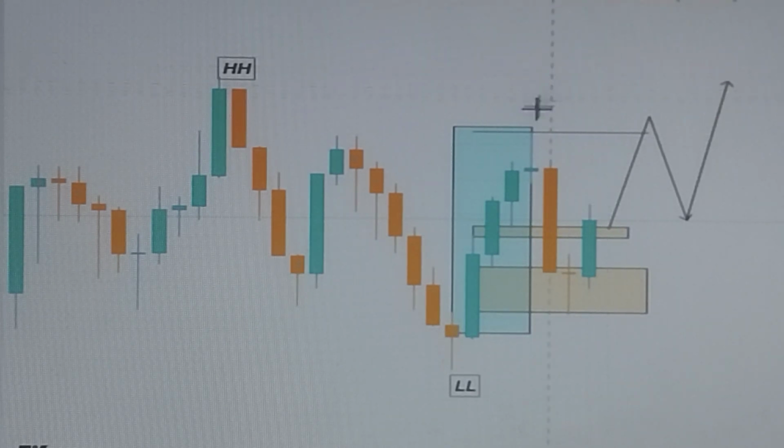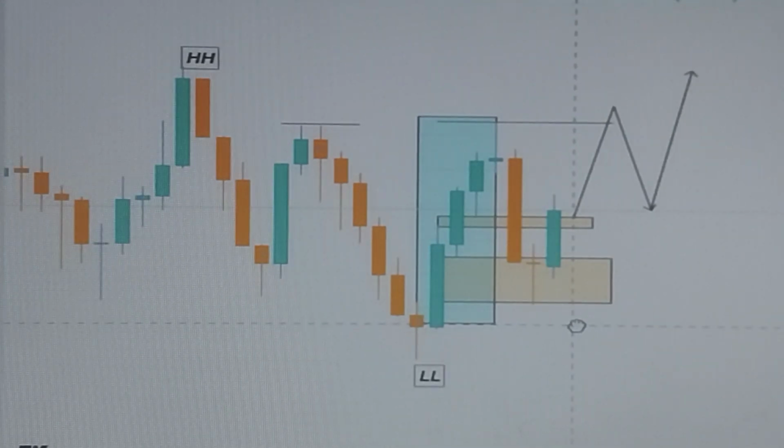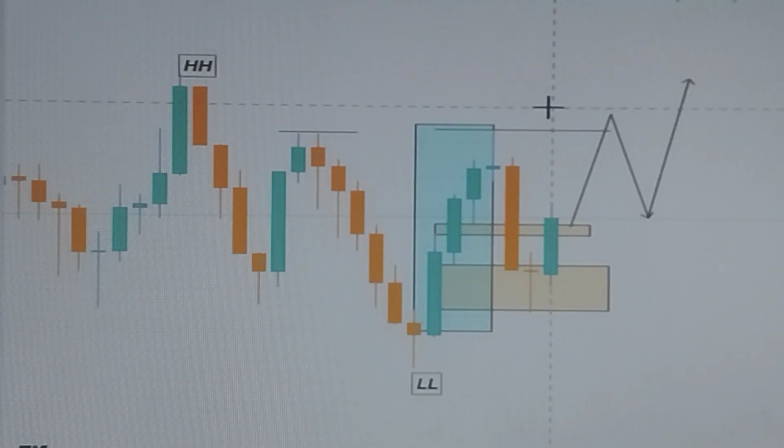So what do I mean? I mean that above here there was a buy side liquidity. So the buy side liquidity was the one that we were delivering to. That's why I'm saying when you see a movement like this, just know that the price was giving us a buy side delivery.